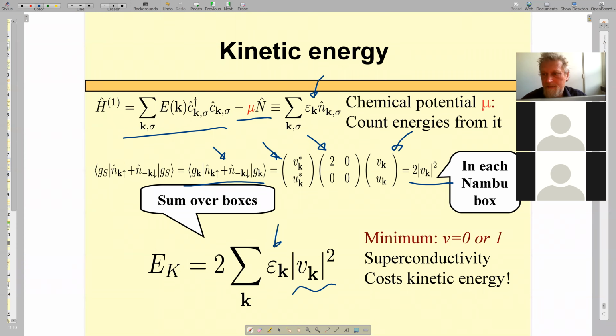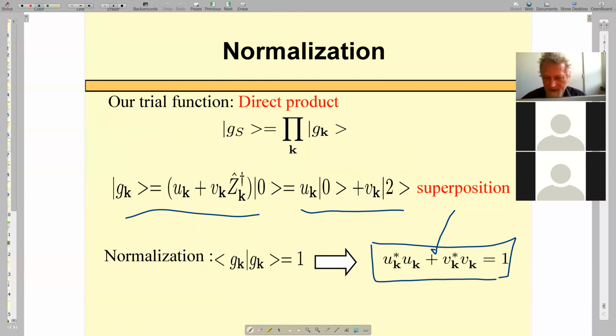Yes, Sasha, you're right. This normalization condition suggests that modulus v squared is always smaller than 1. All right, very good.